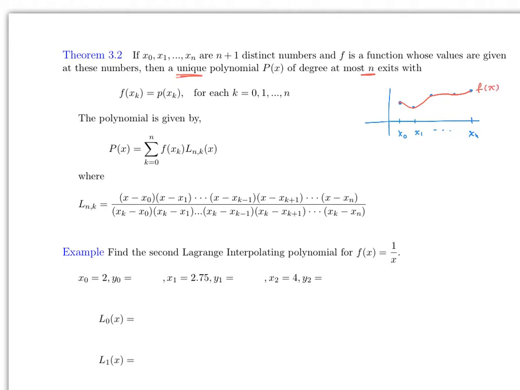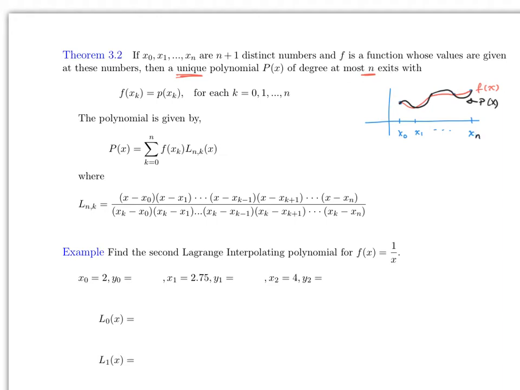So this theorem guarantees that there is a polynomial which obviously is not the same, but it matches at those n plus 1 points. And this will be p of x. And they match at n points, actually n plus 1 points.